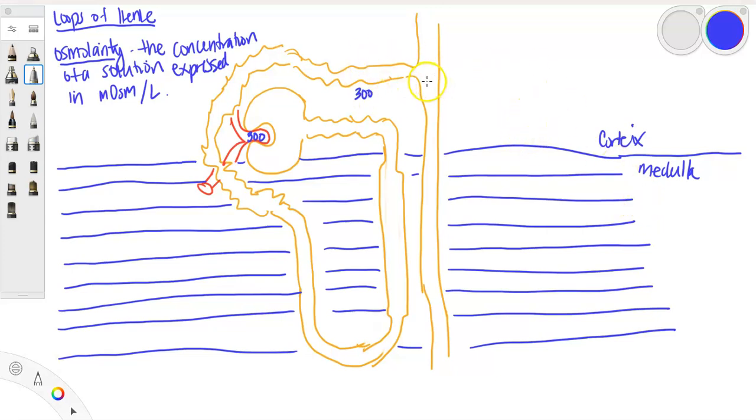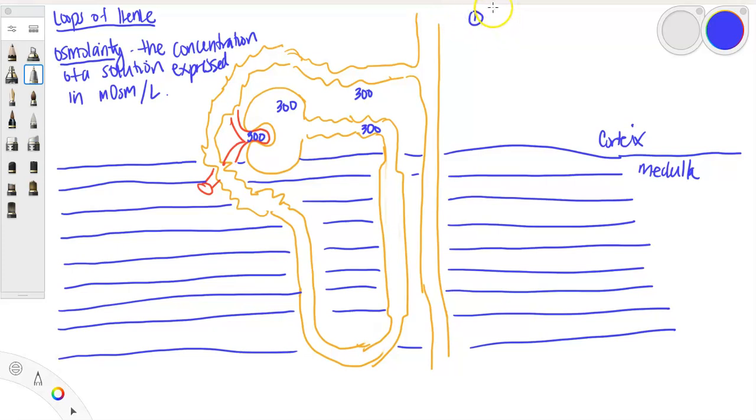And in the cortex, the tubules, the proximal convoluted tubule, the Bowman's capsule, whatever, it is also 300, isoosmotic to the blood. So that means in the proximal convoluted tubule, it's 300. Okay, isoosmotic.